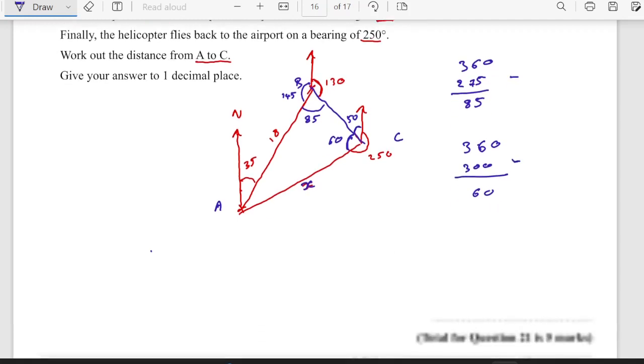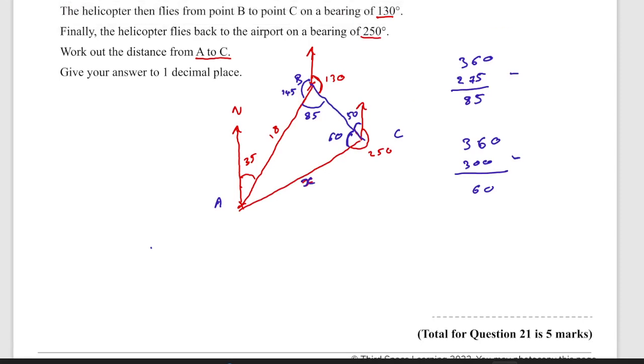That's enough information for me to apply the sine rule. So x over sine of 85 is equal to 18 over sine 60. So x is equal to 18 sine 85 divided by sine 60.